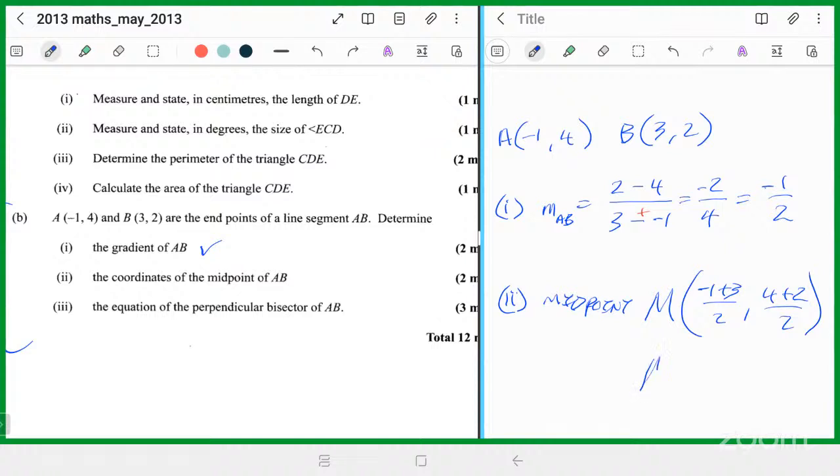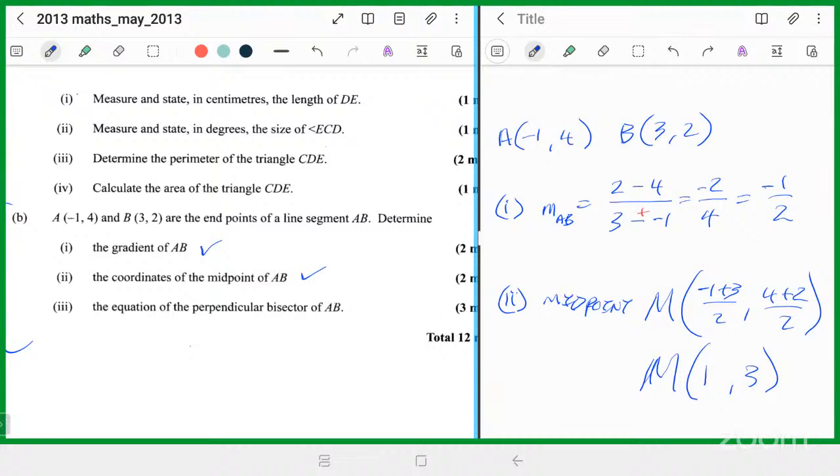So the midpoint: 3 minus 1 is 2, 2 divided by 2 is 1; 4 plus 2 is 6, divided by 2 is 3. The midpoint is (1, 3). That finishes that part.